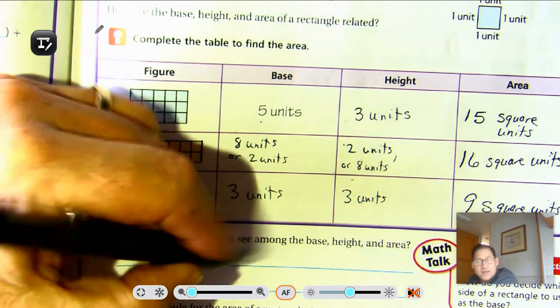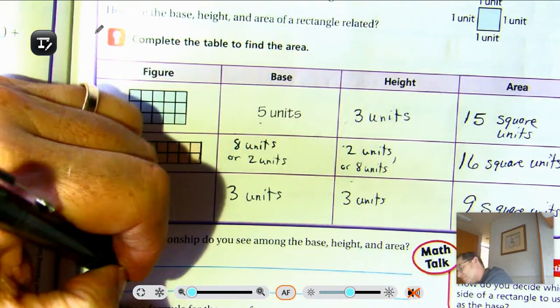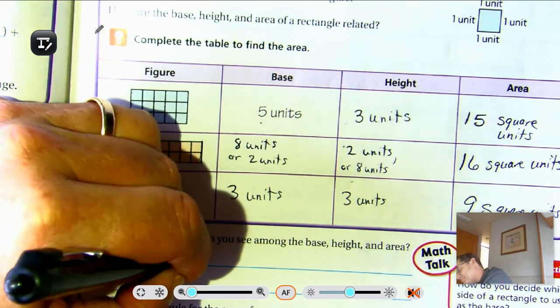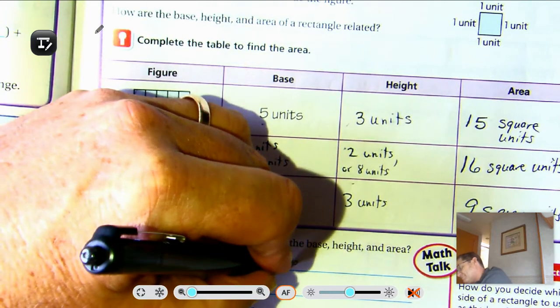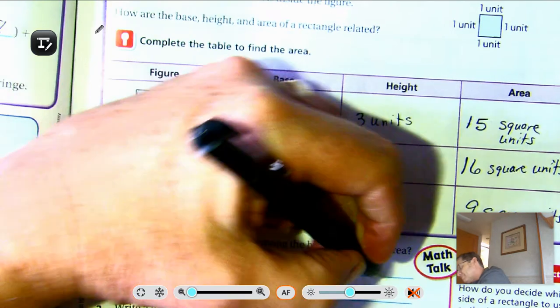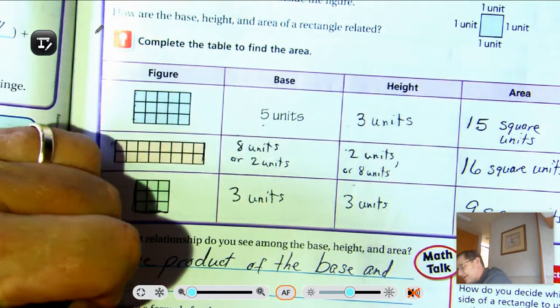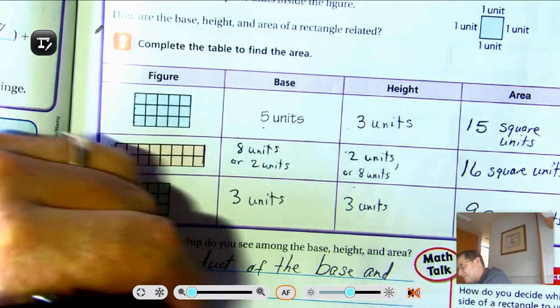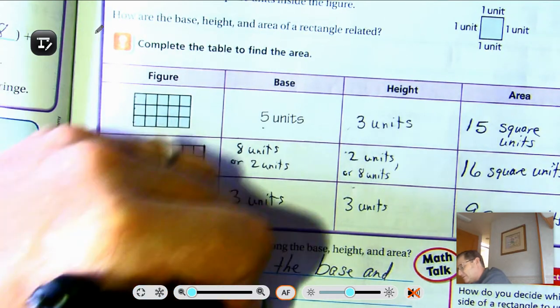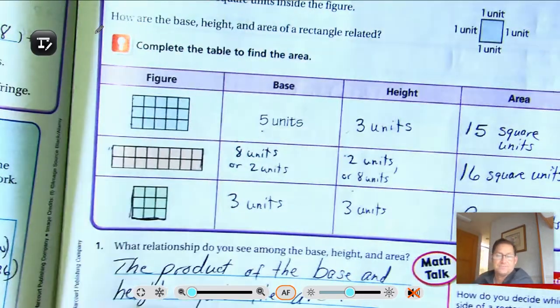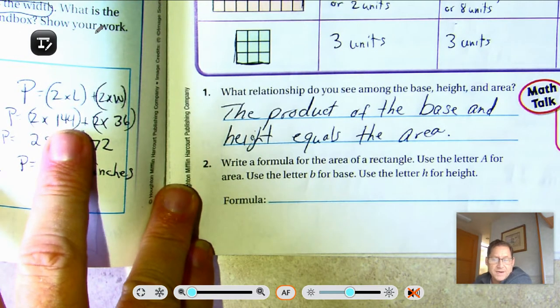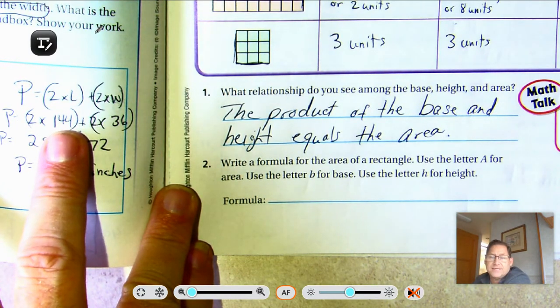Okay, so the product of the base and height equals the area. The product of the base and the height is equal to the area.